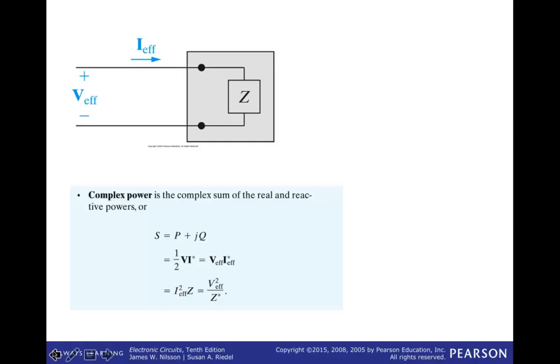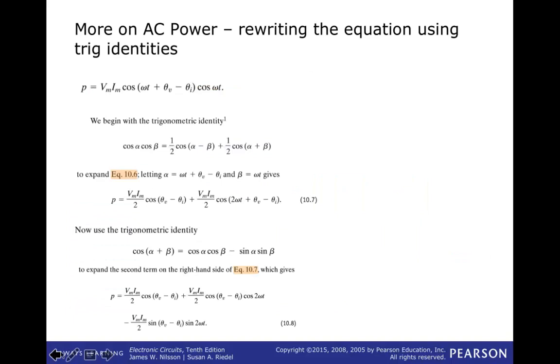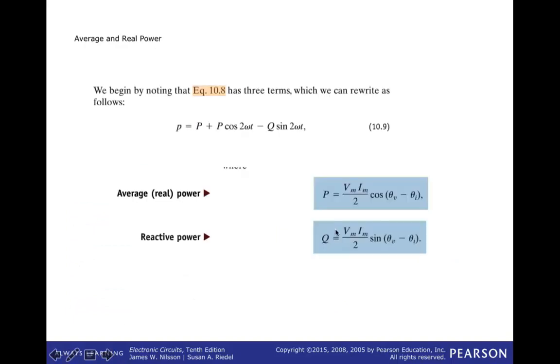The only other thing to discuss, I want to go back a couple of slides, and I want to talk just briefly about this angle theta V minus theta I. Theta V minus theta I is defined as the power factor angle, and the cosine of theta V minus theta I is defined as the power factor.